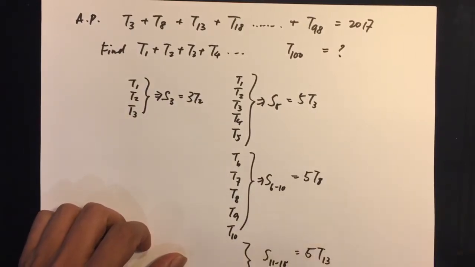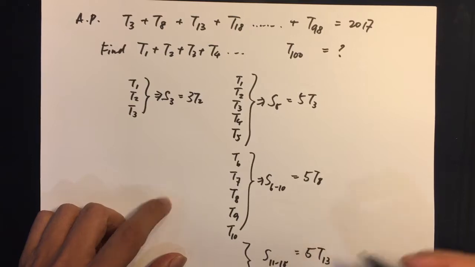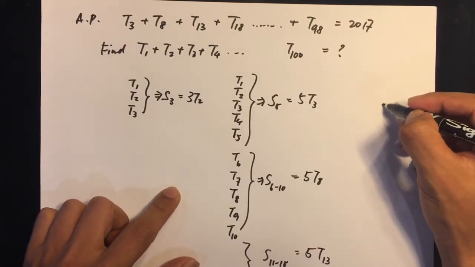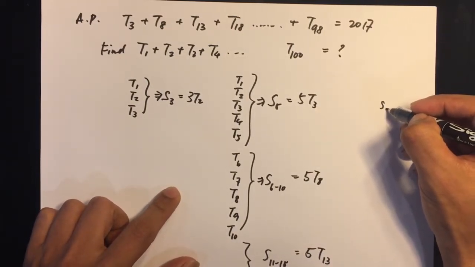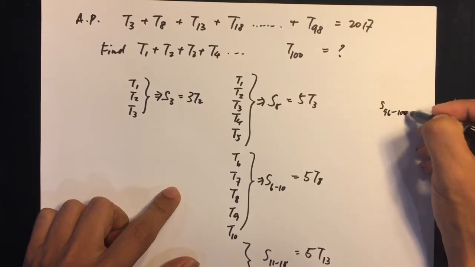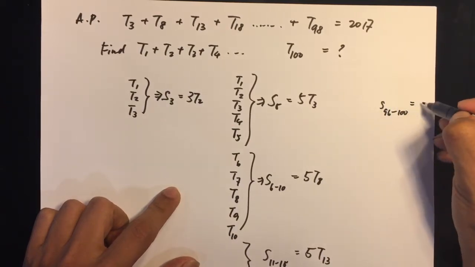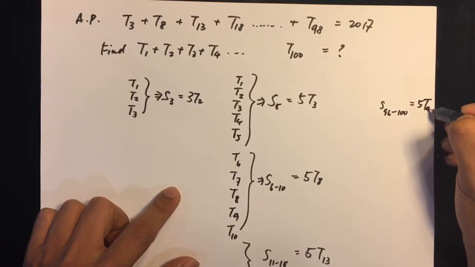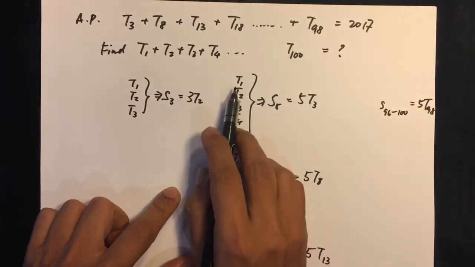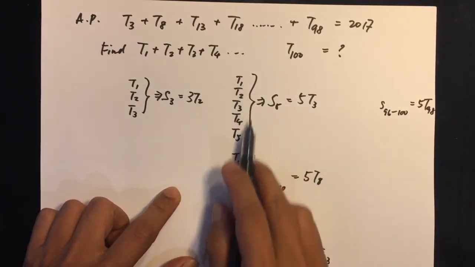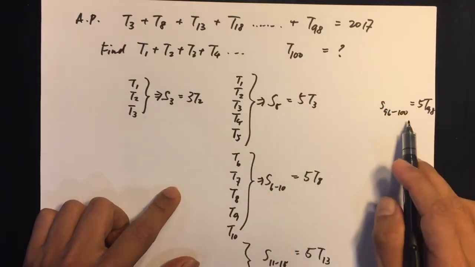So you see where we're headed with this. The final group coincidentally will be the sum from 96 to 100, and that obviously is equal to 5 times T98, which brings us to the sum from term 1 to term 5 all the way to term 100.